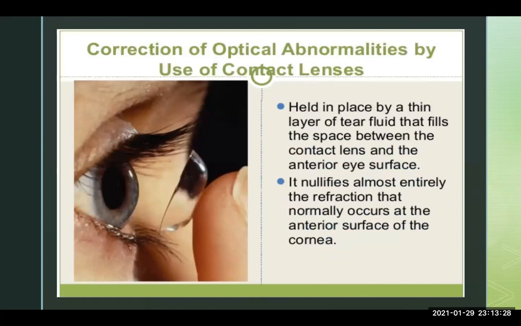Also, the correction could be by contact lenses, the soft contact lenses for all types of error and the hard contact lenses for irregular astigmatism, as in cases of corneal scarring and keratoconus. Prescription of the contact lens should be under the supervision of medical personnel, the ophthalmologist.